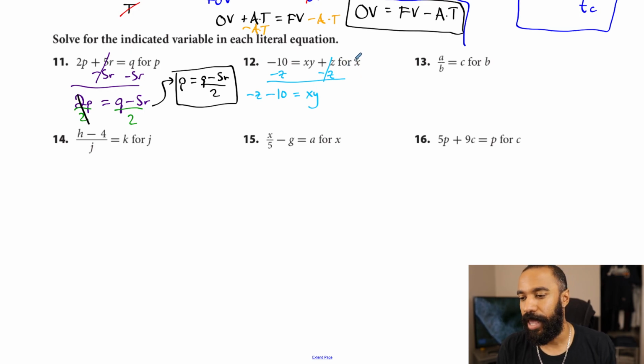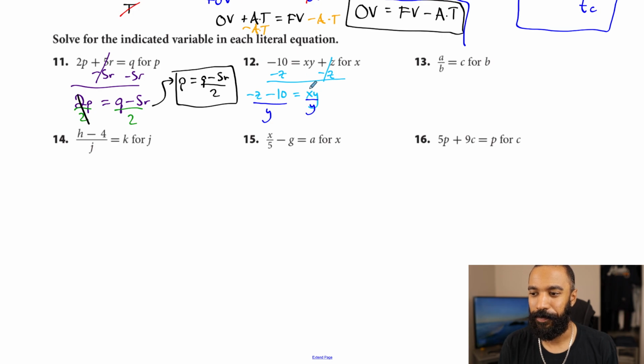I'm going to go ahead and divide both sides by y to get x by itself. I don't trust that you can do that all in your head for this one because there's a lot of stuff in the way. So I'm going to go ahead and get x equals negative z minus 10, all divided by y.